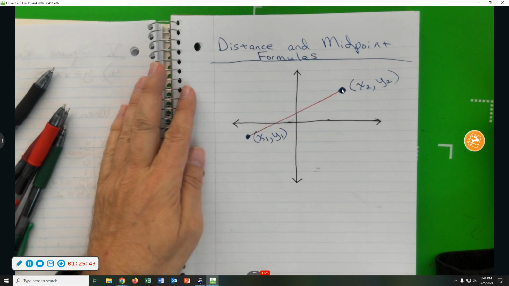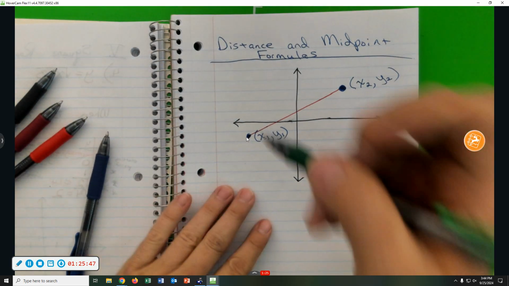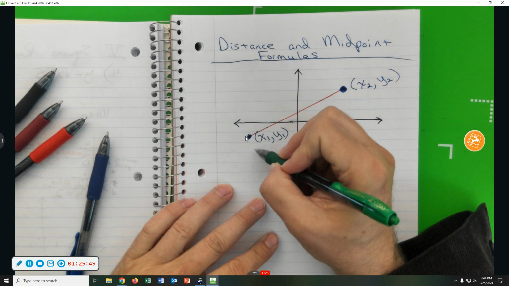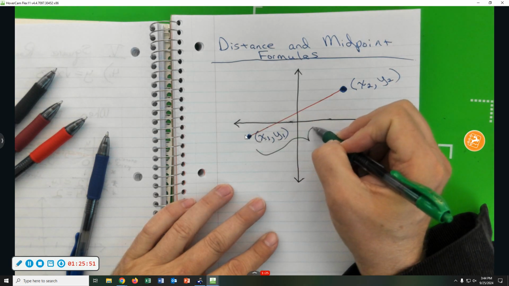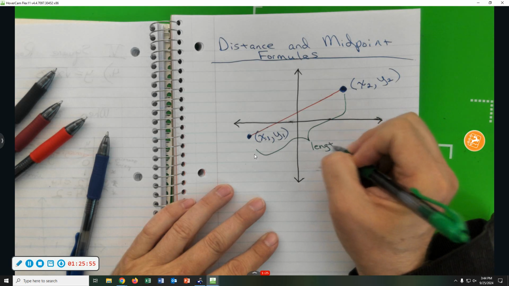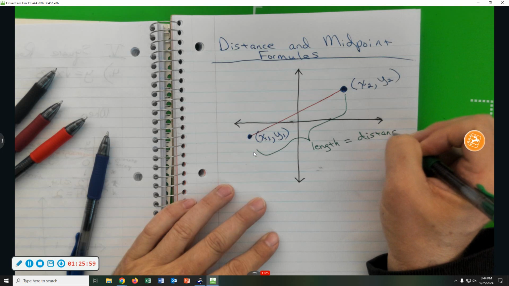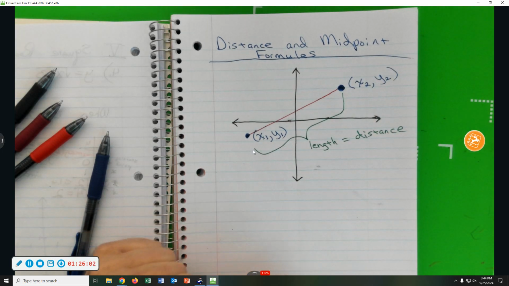And I think everyone knows what you mean by distance. So the length of the line segment is what I call the distance, and we'll have a formula for that.